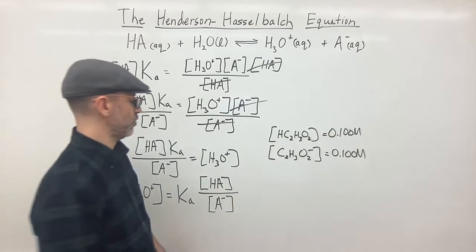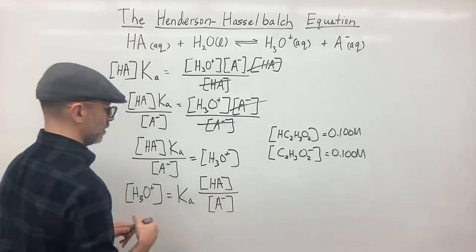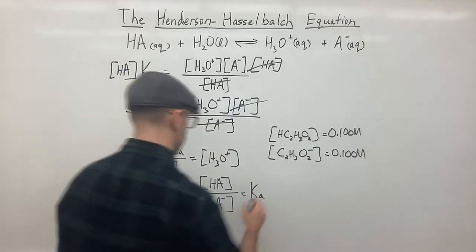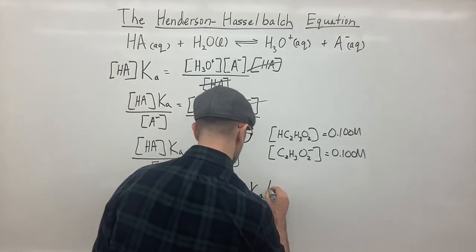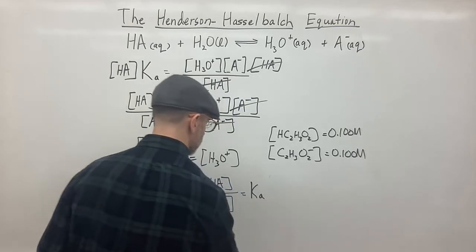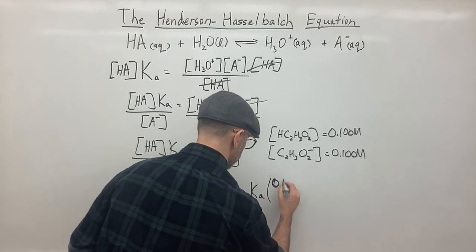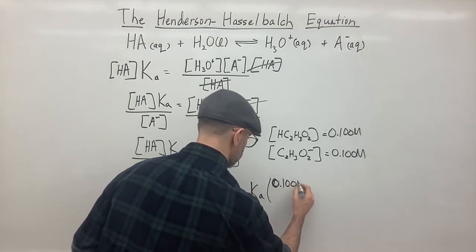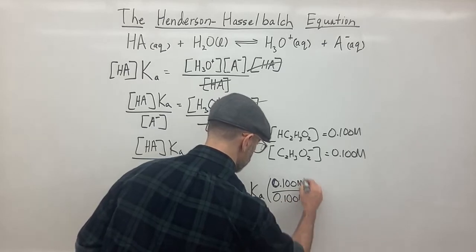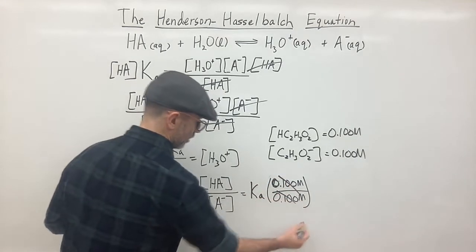So what we can do is then plug those into here. So then this becomes equal to the Ka multiplied by 0.100 molar over 0.100 molar, right? So these are equal, so that's going to cancel out.